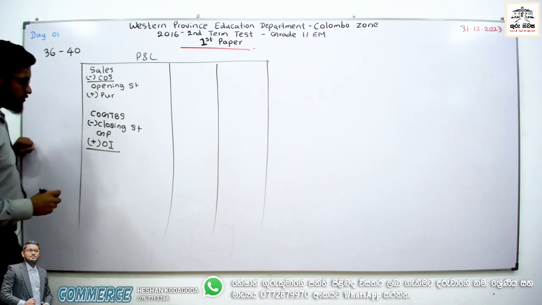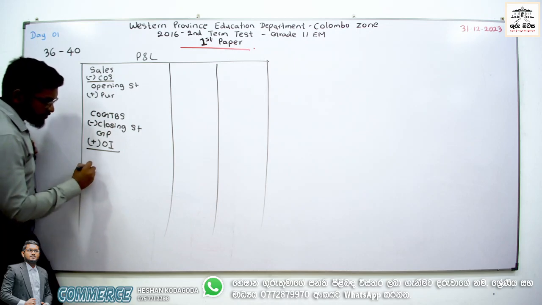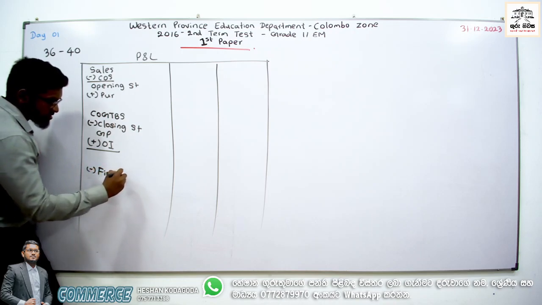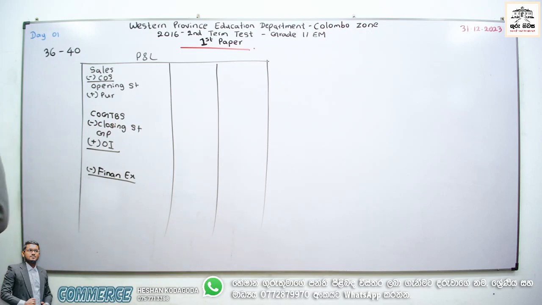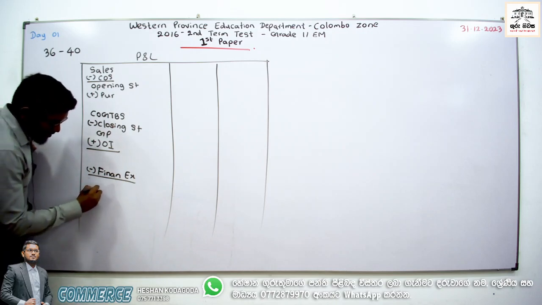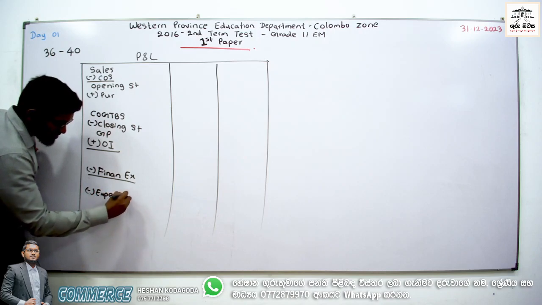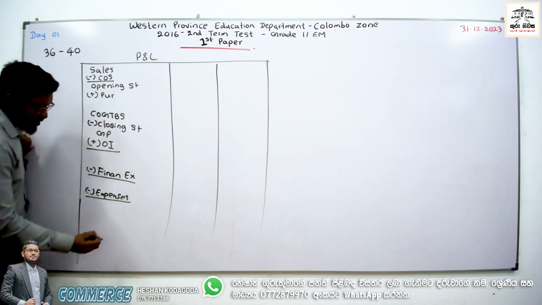Here we need to find one type of expense separately: finance expense, because they are asking about the bank loan interest. Then let's write all other expenses under one common type like expenses.